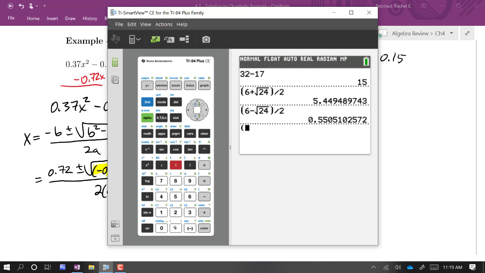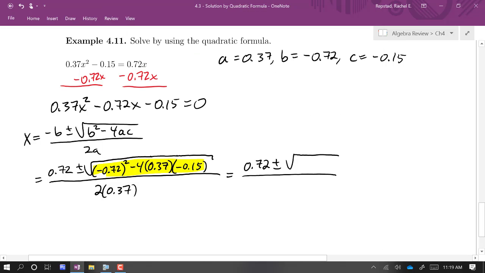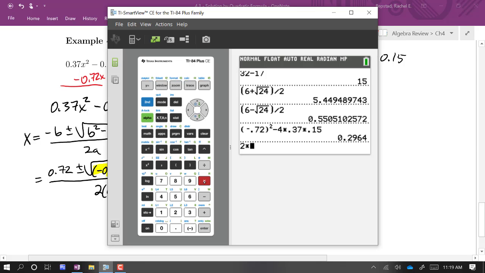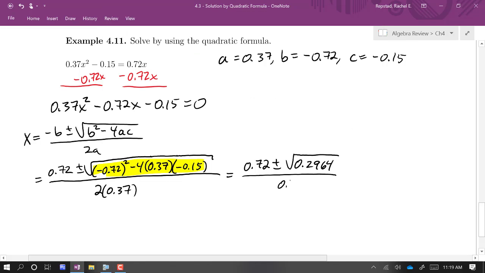So negative 0.72 squared minus 4 times 0.37 times negative 0.15 is 0.2964, and then 2 times 0.37 is 0.74.